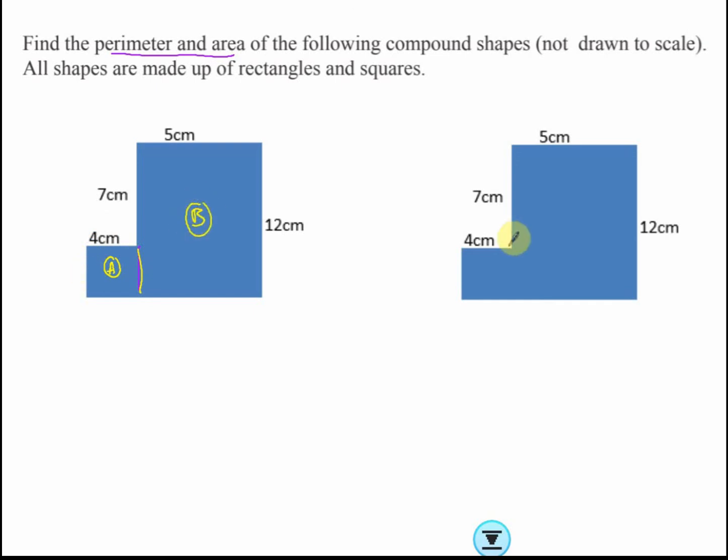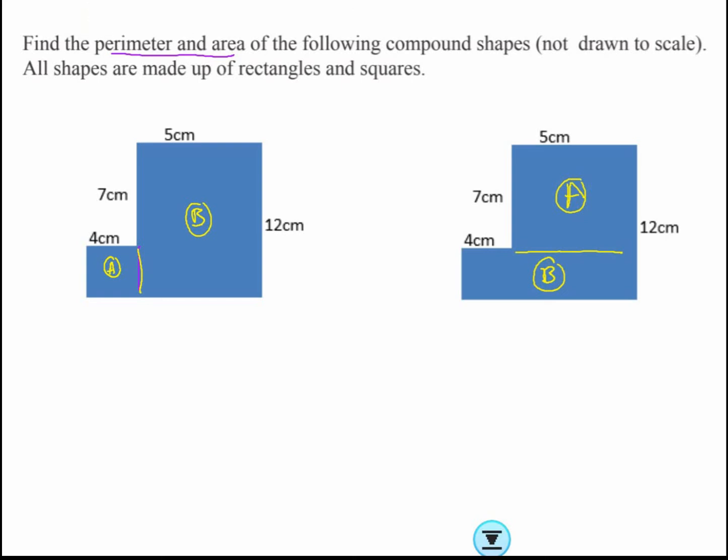Or I could split it this way, and I'd get a rectangle and a long skinny rectangle, A and B. Now I'm only actually going to do this once because the video would be extra long, but it doesn't matter which option you choose. It's just very important that you do one of them.